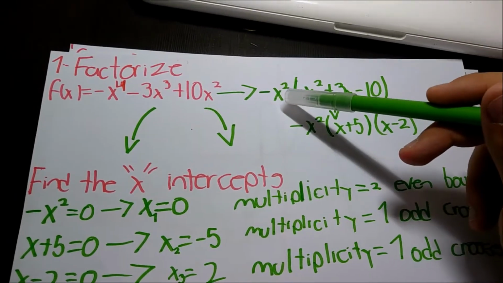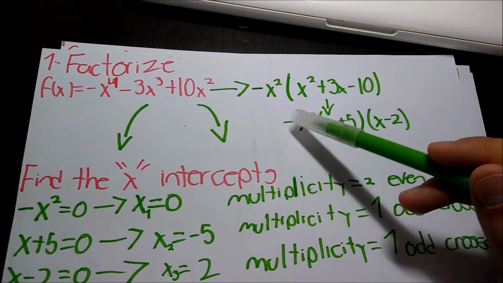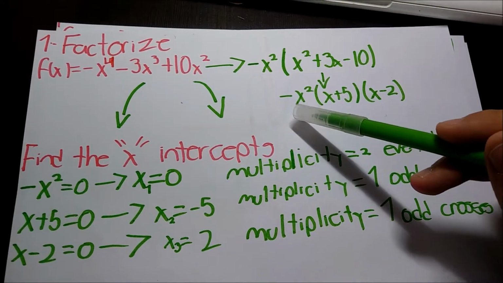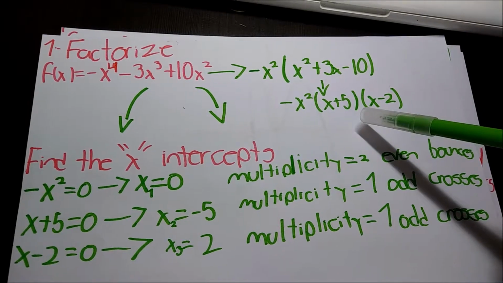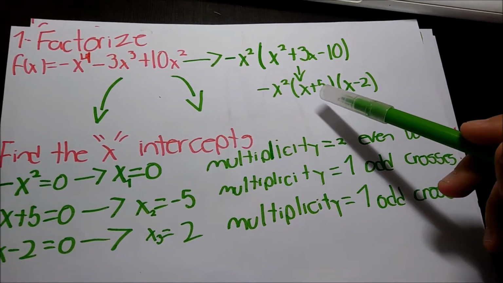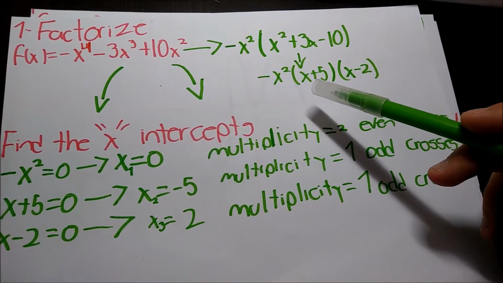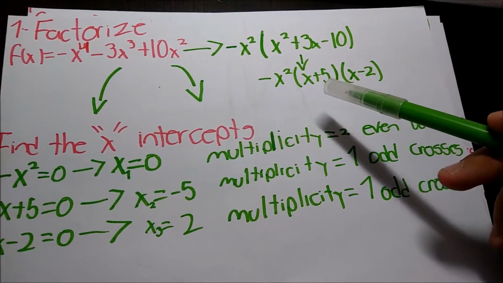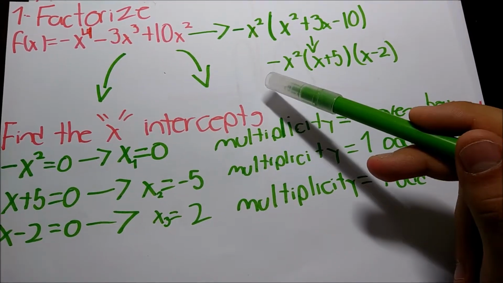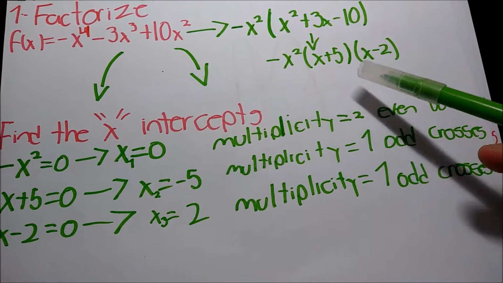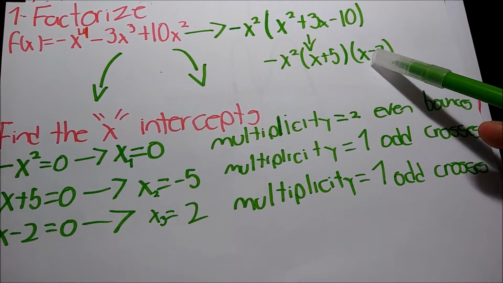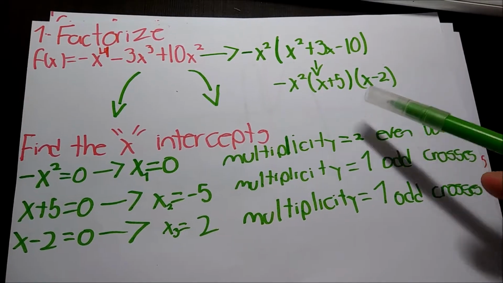First we factorize, and as we factorize, it will give you minus x squared times x plus 5 times x minus 2. With that, we are going to find the x-intercepts by equating the factors to 0. Minus x squared is a factor, x plus 5 is a factor, and x minus 2 is a factor.